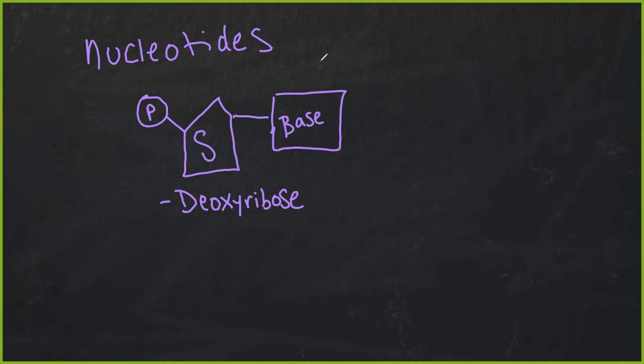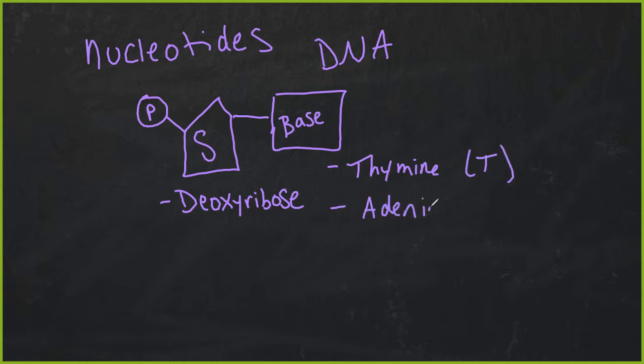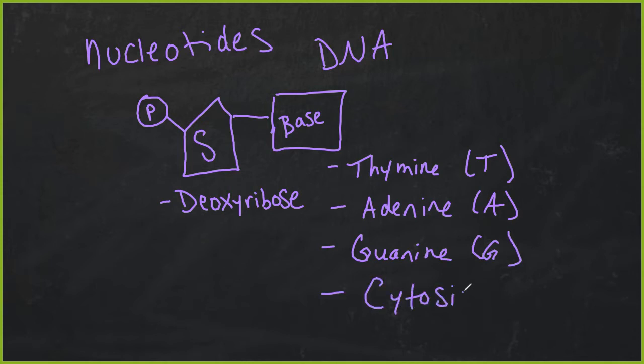If this is DNA, our options are thymine, which we usually just abbreviate as T, adenine, guanine, and cytosine. And that right there is a nucleotide, these 3 parts: the phosphate, the sugar, and the base. Different base options to make up that base.